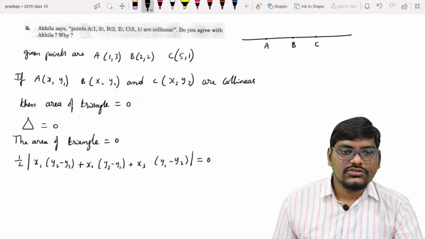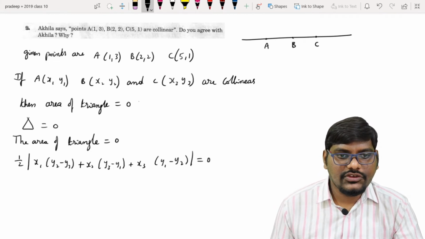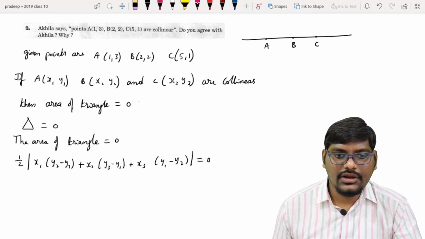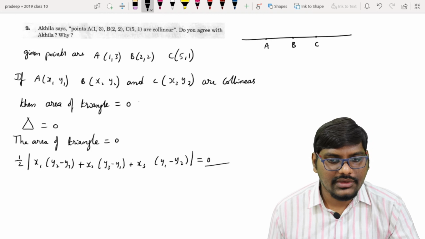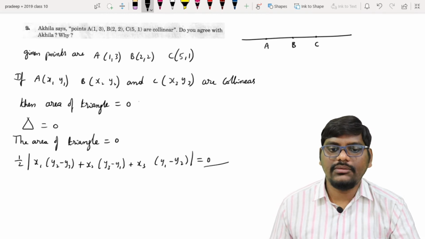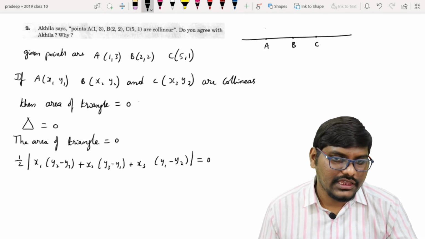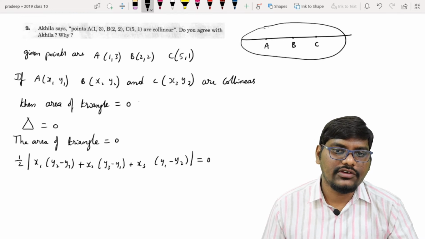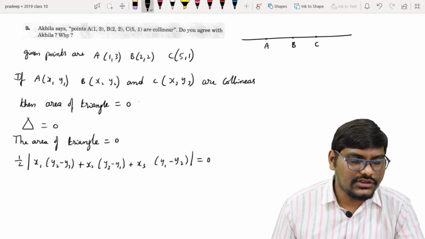Now we just substitute the elements A, B, C in the formula and see whether it comes as 0 or not. If the value becomes 0, then the given points are collinear, on a straight line. So let's see this.